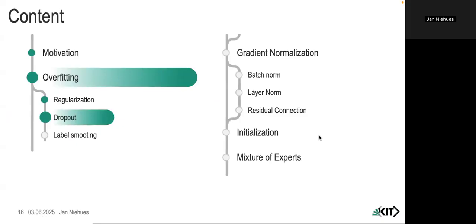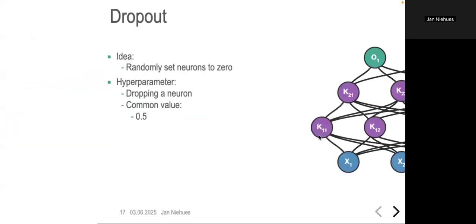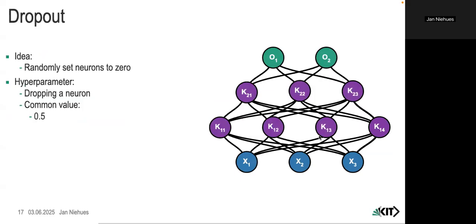Good. Any other questions? Good. With this, we're going to the next idea, which is called dropout. And the idea is even simpler. During training, we randomly select some of our neurons in the neural network and set them to zero.